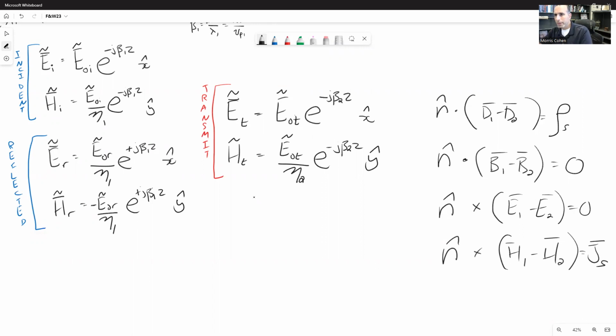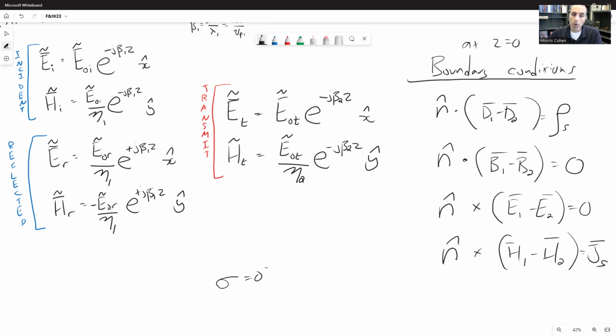All right. Now let's make a couple of assumptions here. Remember, these are boundary conditions, and so they only apply on the boundary, at z equals 0. They don't necessarily apply anywhere else, but we can assume that they are true at the boundary at z equals 0. Now, we did assume before that we have no conductivity.